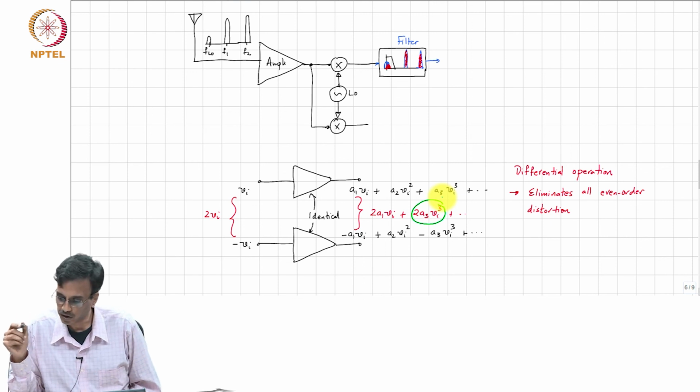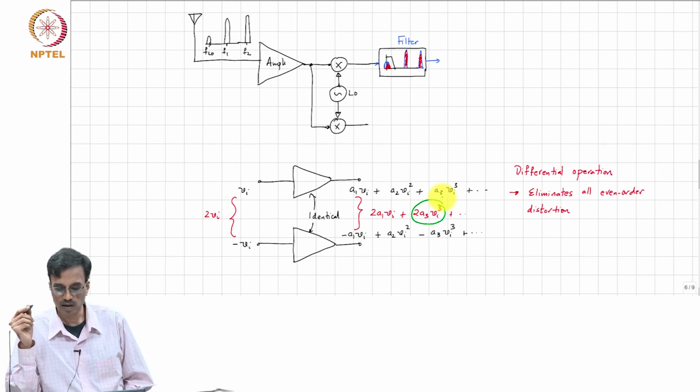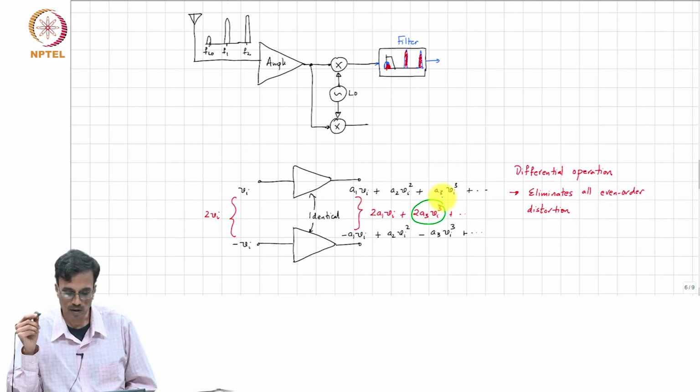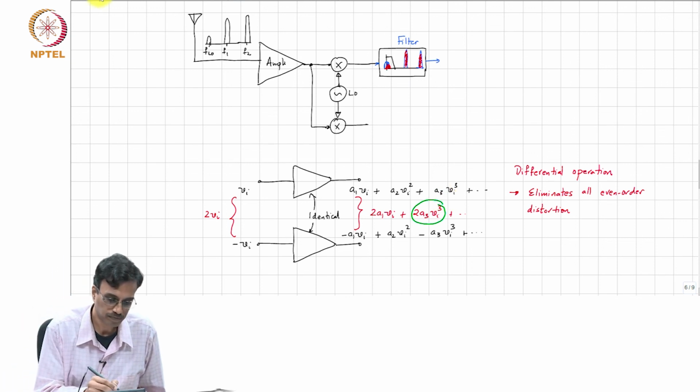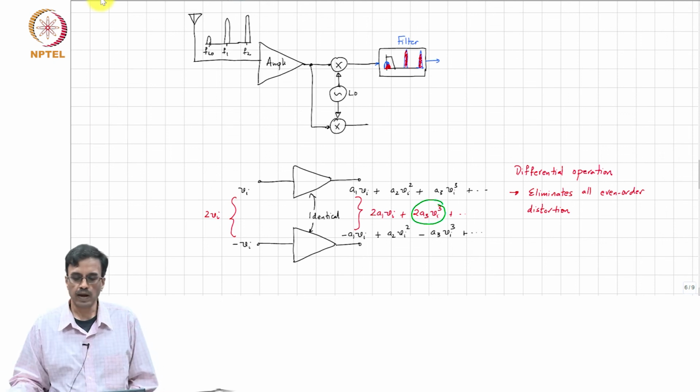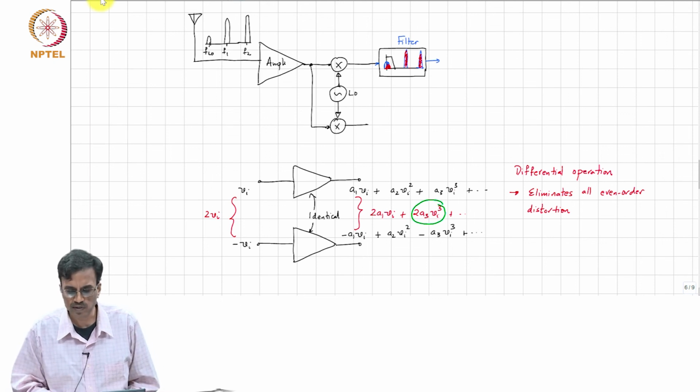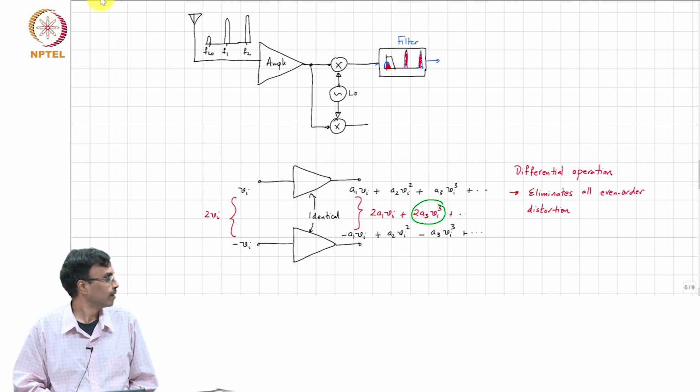In the next class we will learn about third order nonlinearity. At this point we are dealing with circuits without memory. Once we have memory, we will have to figure something else out, and we will do that as we go along.